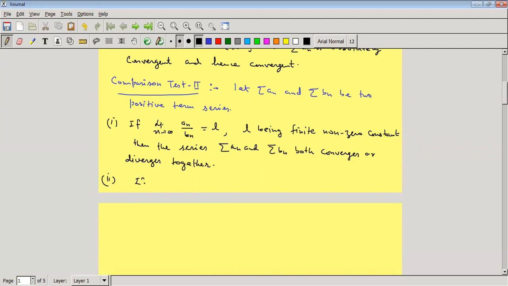Second, if the limit as n goes to infinity of an upon bn is equal to 0, and summation bn converges, then summation an also converges.